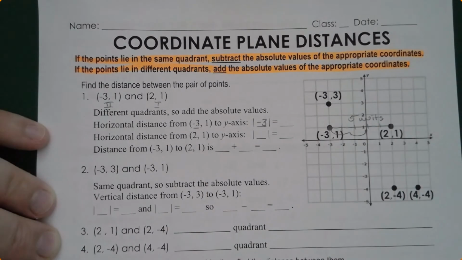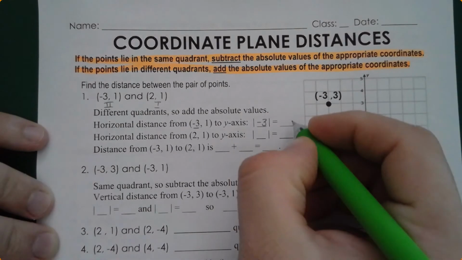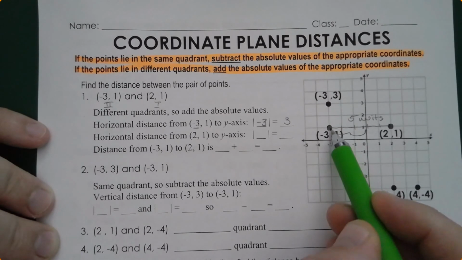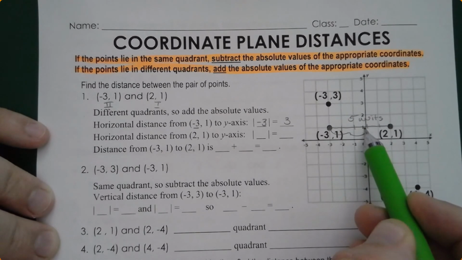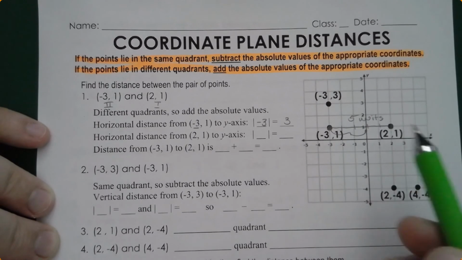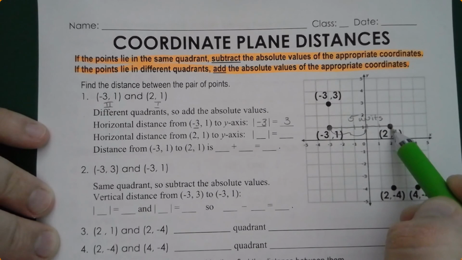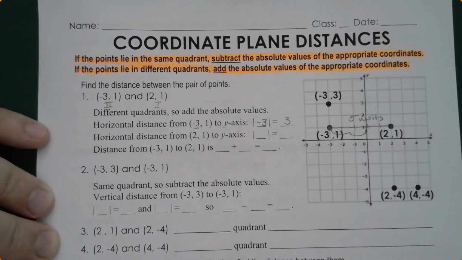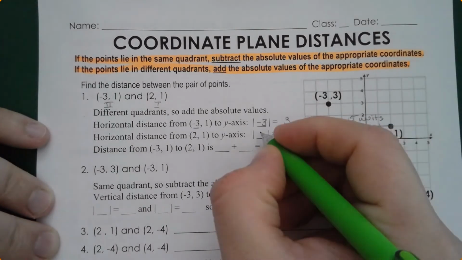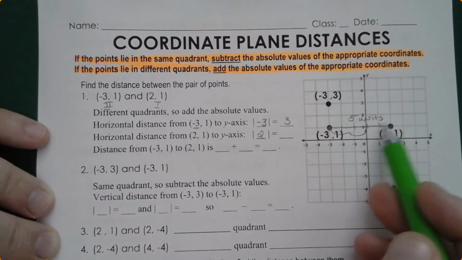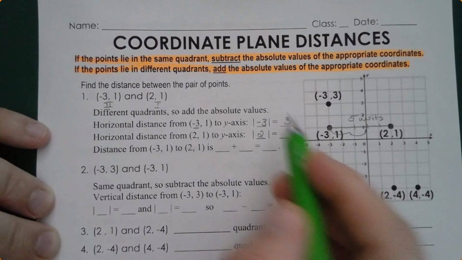The absolute value of negative 3 is 3 because it takes us 3 units to go from this point to this point. Now the same question asks, how many units from the y-axis to this point? Correct. It's 2 for those that are all thinking it. So it's 2 units from the y-axis to the next point. The absolute value of 2 is 2.